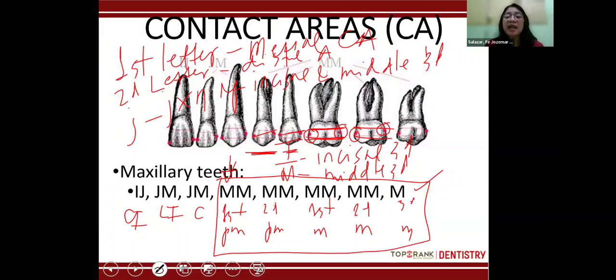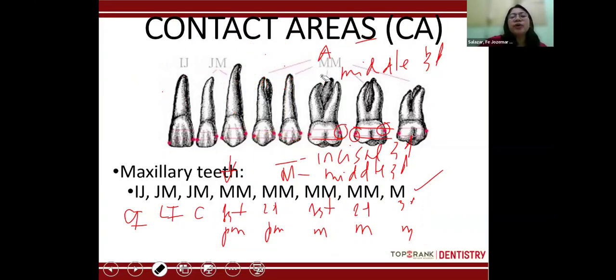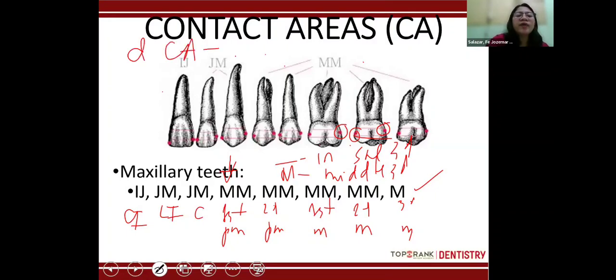IJ, JM, JM, M. Okay, o sige, burahin ko to, mag-drill tayo para ma-apply ninyo yung rule natin. Okay, where is the distal contact area of a maxillary second premolar?